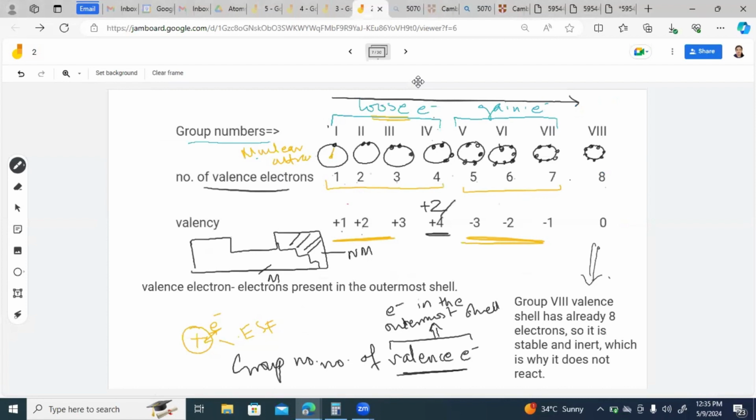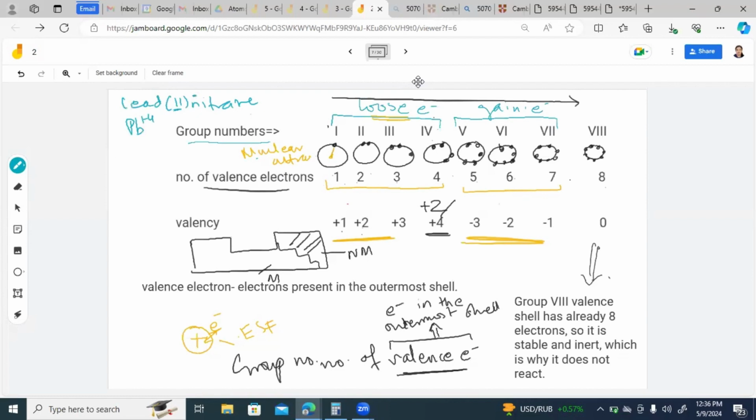It can also lose 2 electrons, which is why, if you remember, in this assessment I gave you one question where you had to write the formula for lead 2 nitrate. A lot of students said that lead is in group 4, so they ignored this plus 2 and wrote plus 4.